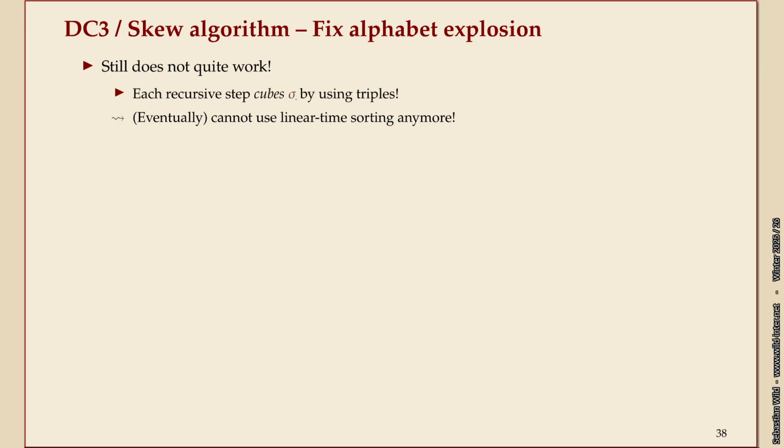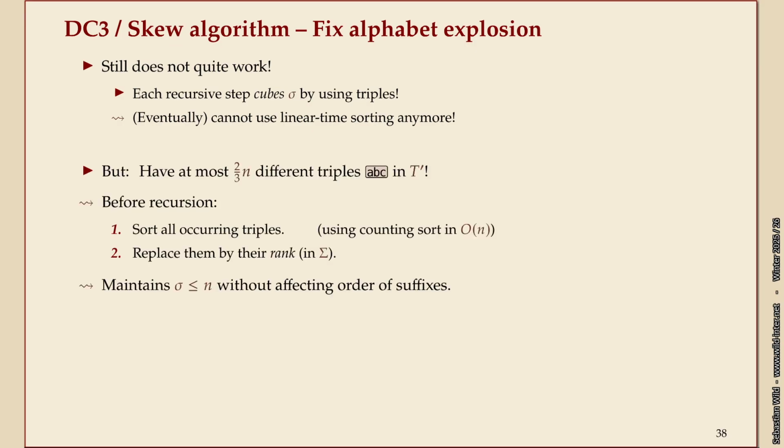What we did to sort, at least in step 2, for the induced sorting step, we needed to do a round of counting sort on individual characters. In the recursive call, these get bigger and bigger, so we need space proportional to the size of the alphabet. That's going to blow up. Okay, so we need to fix that as well.